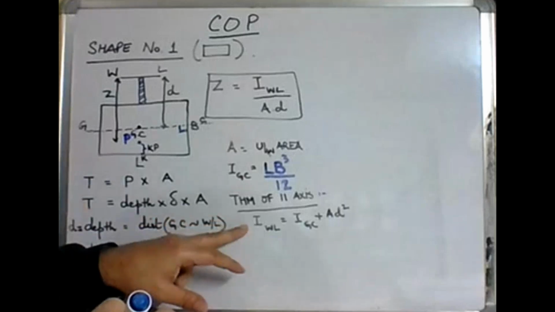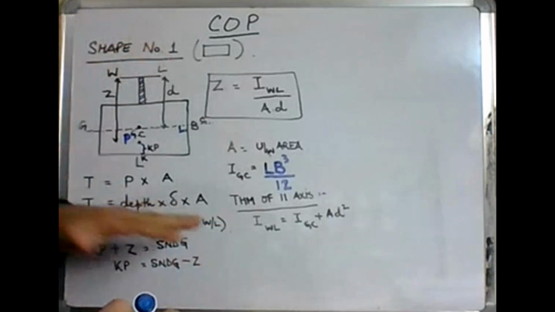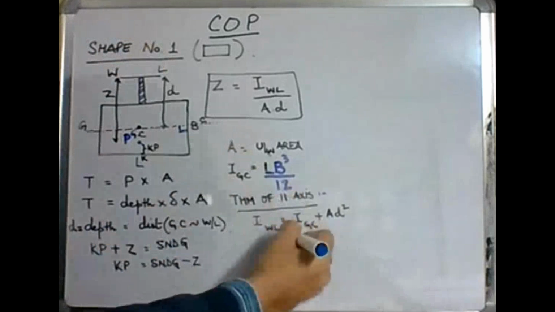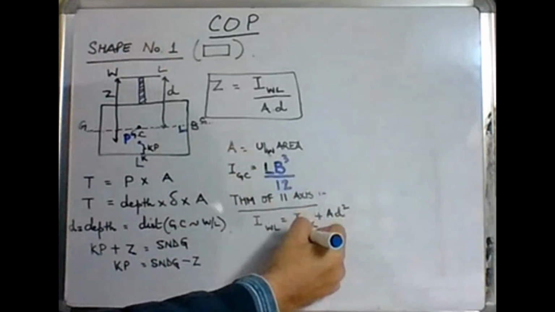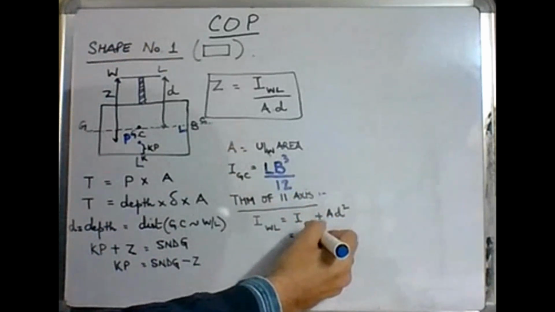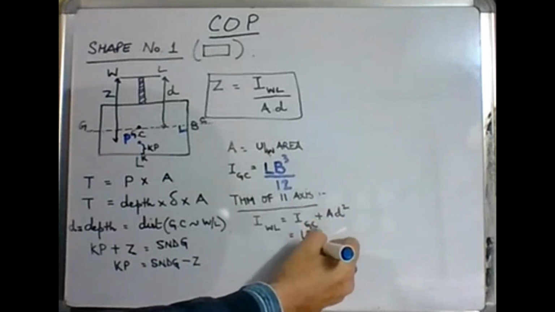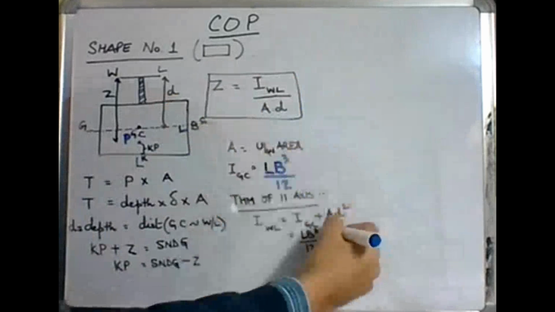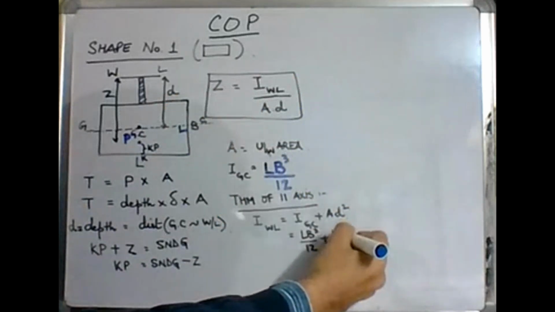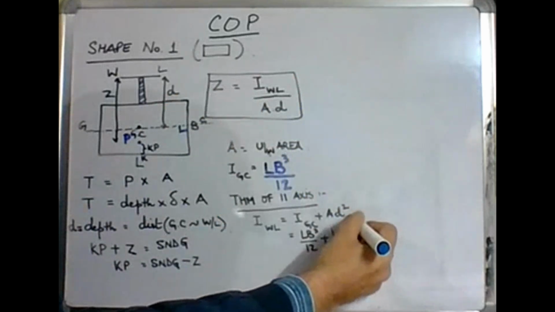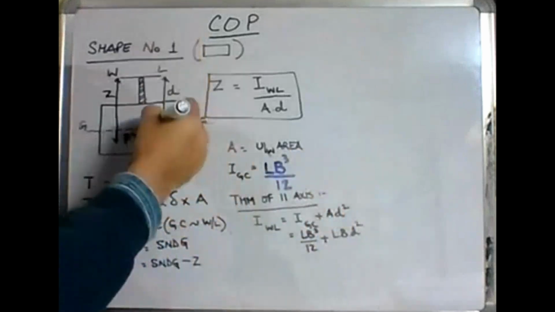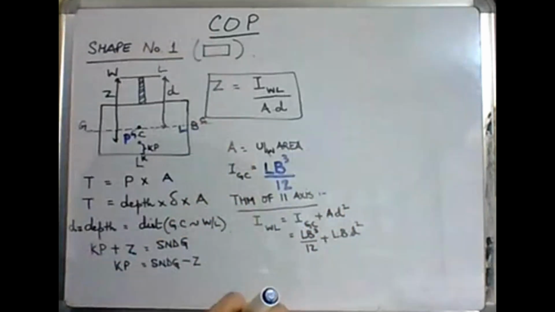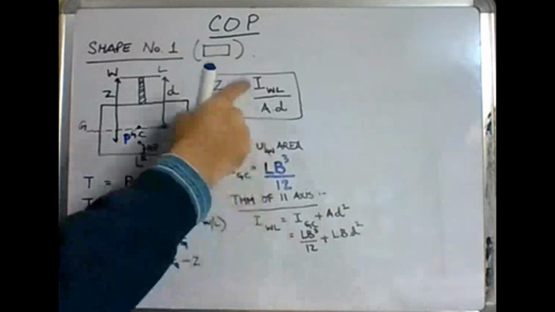So I water line इधर का is equal to IGC, that is LB cube by 12, plus A, what area is length into breadth, and D square. D is the distance from GC to the water line. ये आपका न्यूमरेटर बनेगा इस फॉर्मूले का.